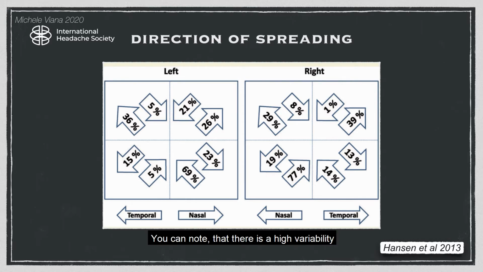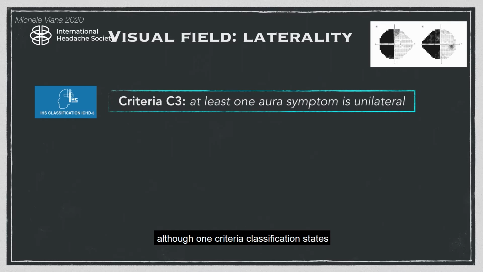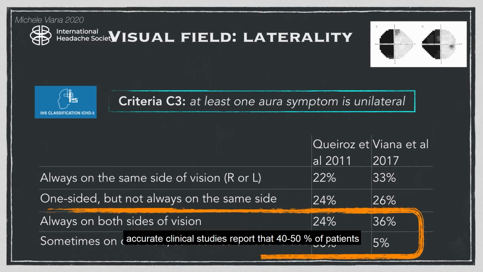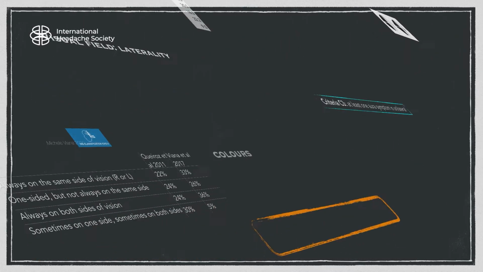You can note that there is a high variability even in the same subject. With respect to the laterality of visual symptoms, although one classification criterion states that at least one aura symptom is unilateral, a current clinical study reports that 40 to 50% of patients have a bilateral disturbance in at least a part of the attack.